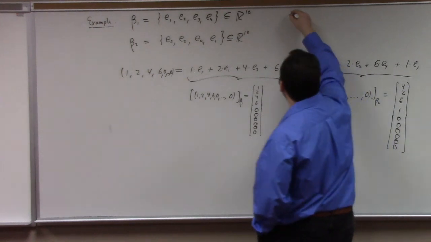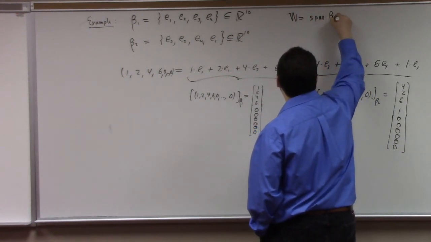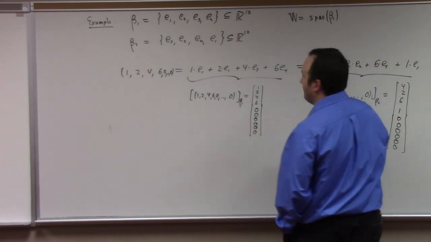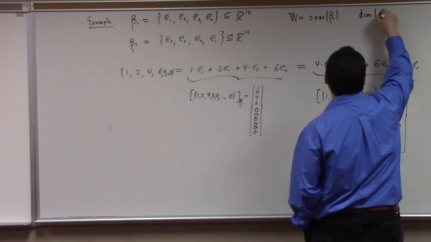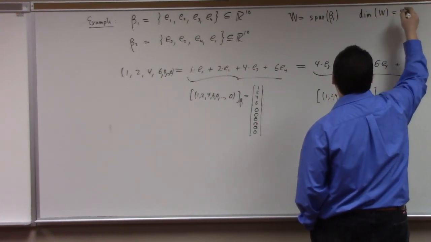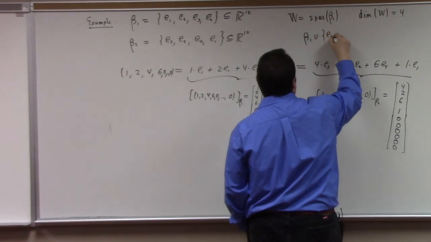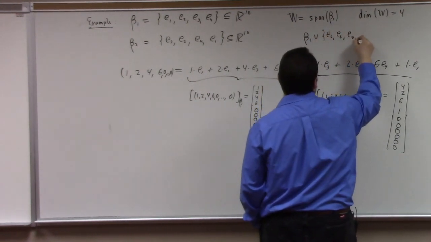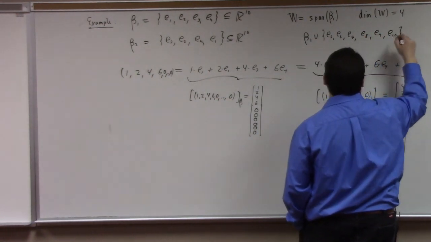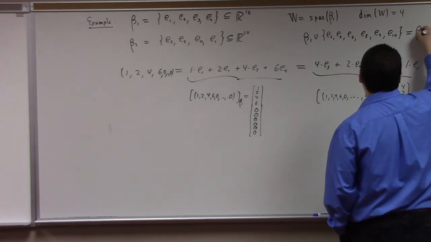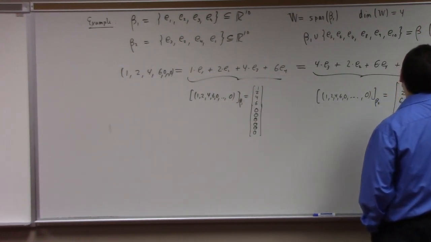So W would be the span of beta 1 or beta 2, whatever you like, right? The dimension of W in this context is 4. If we take beta 1 and we adjoin E5, E6, E7, E8, E9, and E10, then this would be a basis for all of R10.